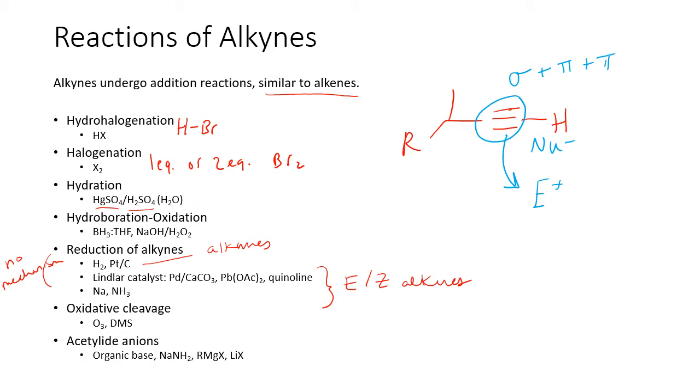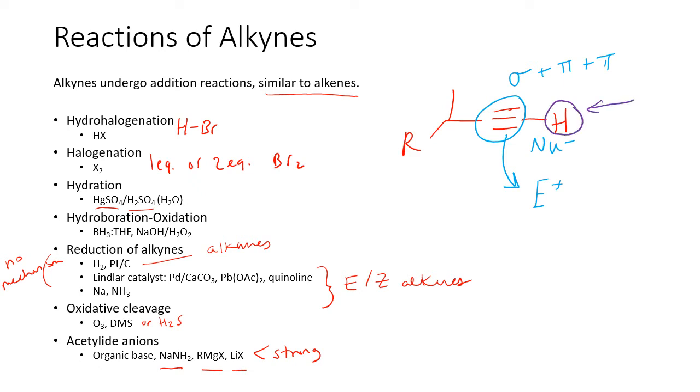Oxidative cleavage, usually ozone with something like dimethyl sulfide, or we saw it could be H2S, is going to cleave the pi bonds and the sigma bonds in our reaction. And then a new class that we'll learn with acetylide anions uses a very strong base, such as sodium amide, something called a Grignard reagent, or an alkyllithium, in order to remove a terminal proton from the end of an alkyne.